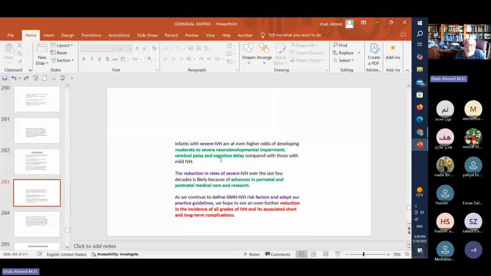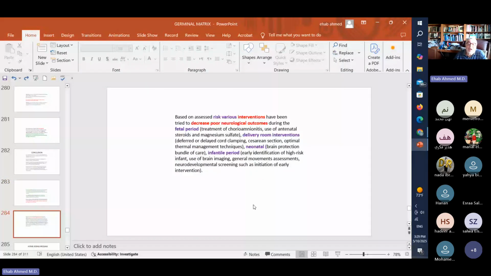The reduction in the rate of severe IVH over the last few decades is likely because of advances in perinatal and postnatal medical care and research. As we continue to define GM-IVH risk factors and adapt our practice guidelines, we hope to see an even further reduction in the incidence of all grades of IVH and its associated short-term and long-term complications, based on assessing the risk factors.